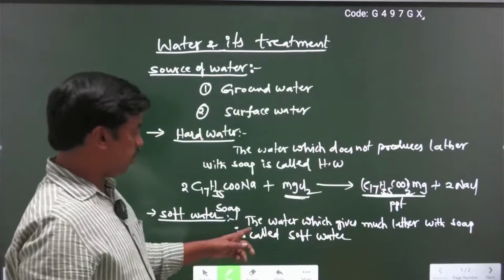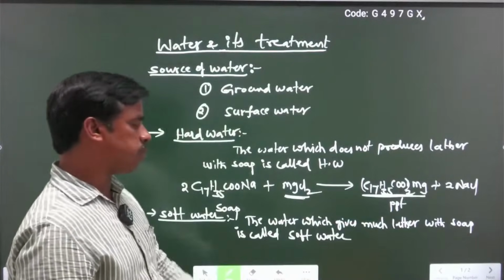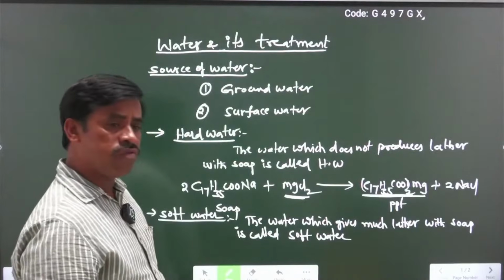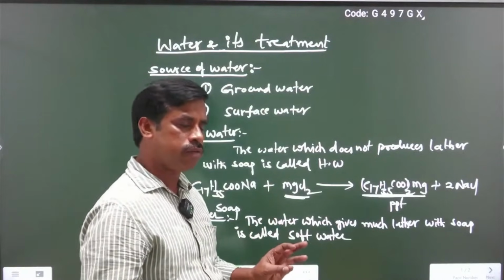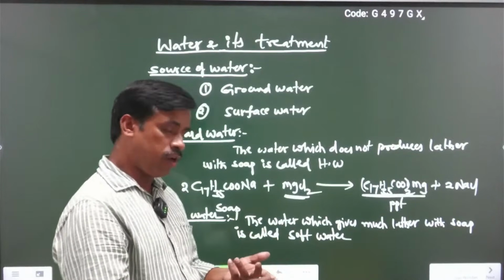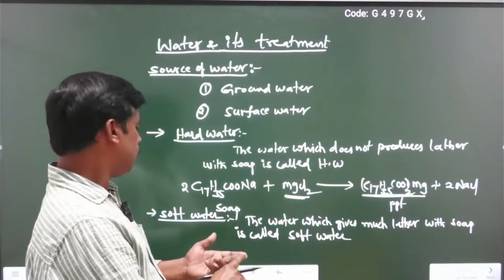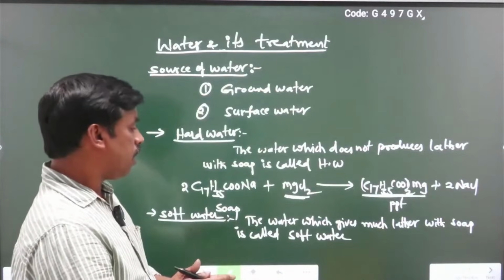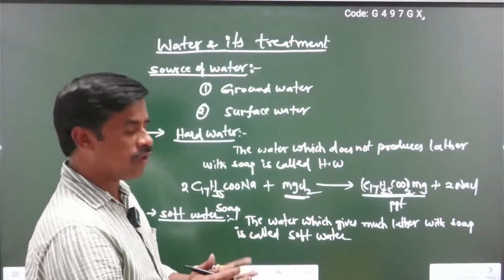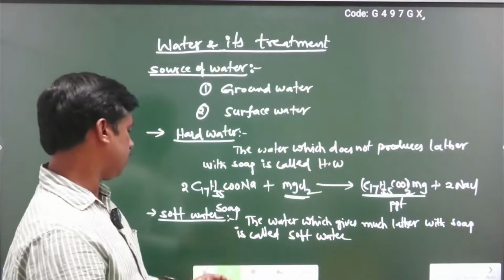Once again, the water which gives much lather with soap is called soft water. Soft water does not have any dissolved salts. Due to dissolved salts of calcium and magnesium, the water has more hardness. In some cases, traces of heavy metals also produce hardness.